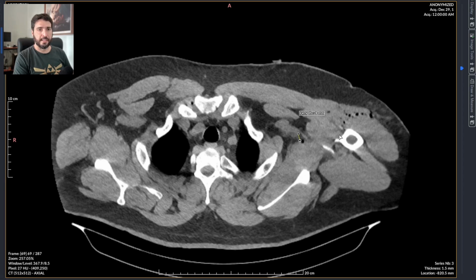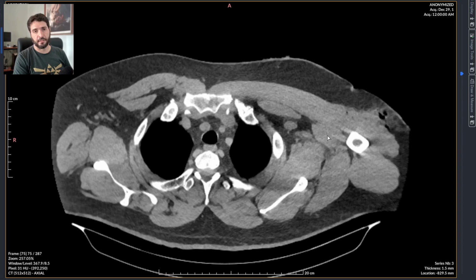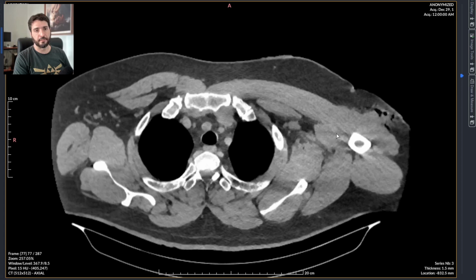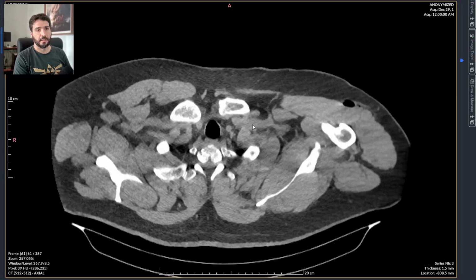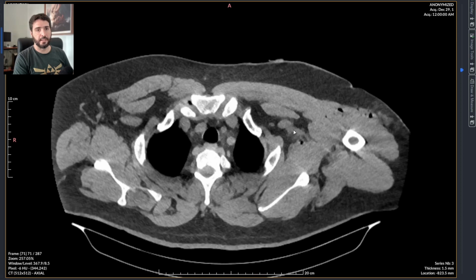Really less than a centimeter, less than 10 millimeters to hit the left subclavian vein and artery. So this is the vein, and this right here is the left axillary artery, and this is the approximate trajectory of the stab wound.